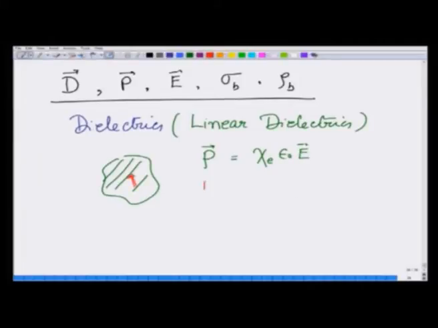So, E is the field at R, let me write this explicitly, P at R, and P is polarization at R. I want to just sound a note of caution that E is not equal to the applied field.